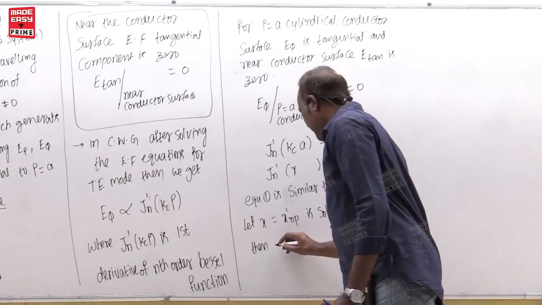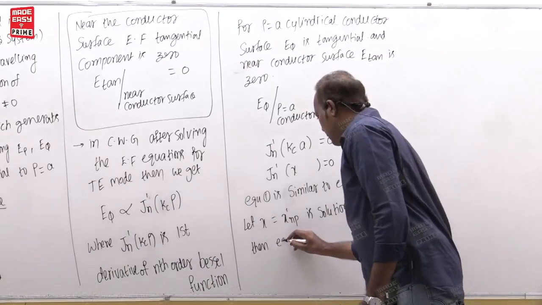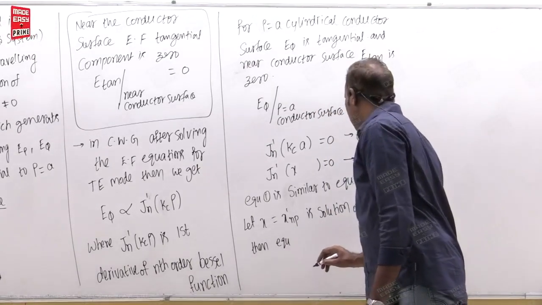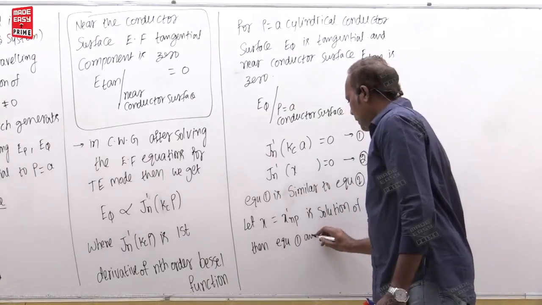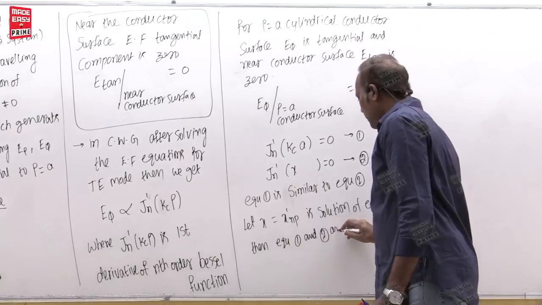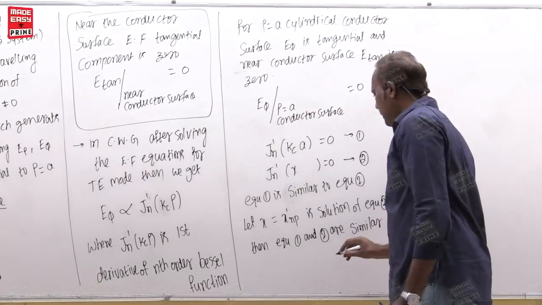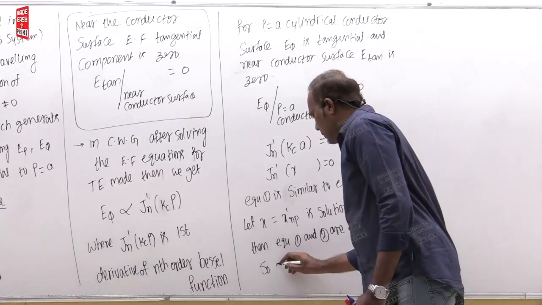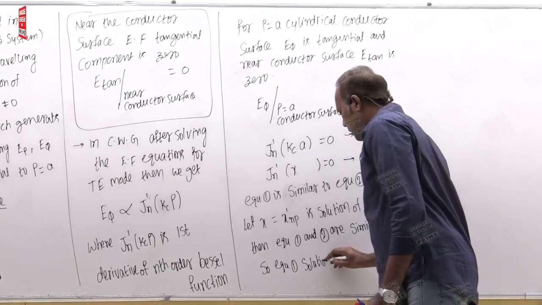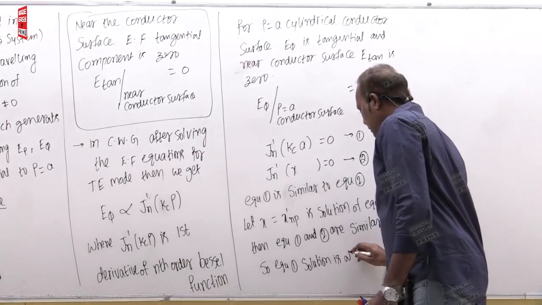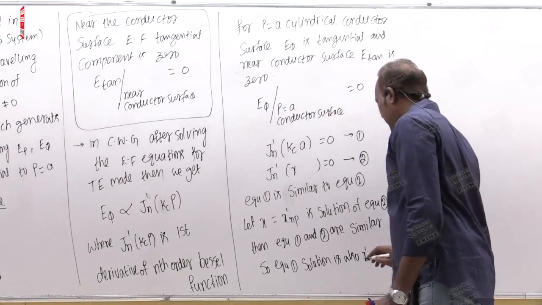Then equations 1 and 2 are similar. So equation 1 solution is also x np dash.